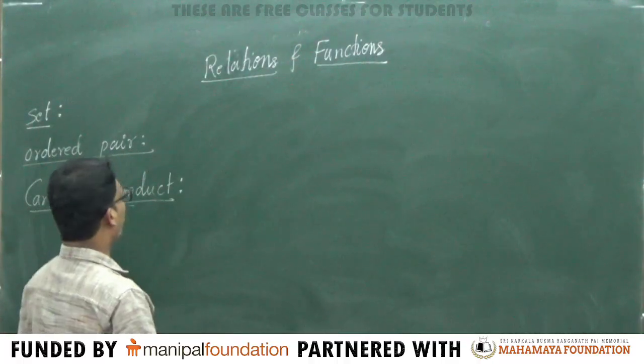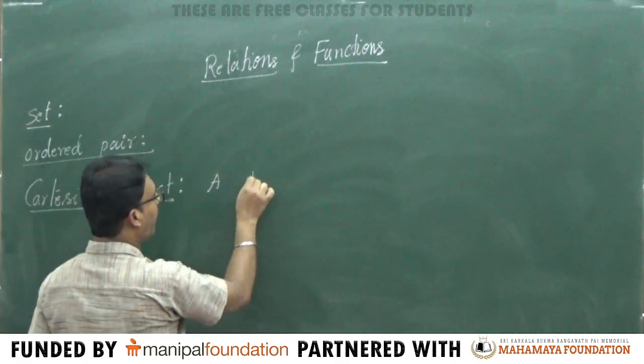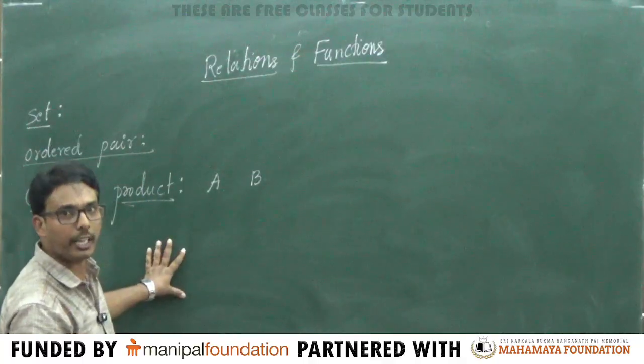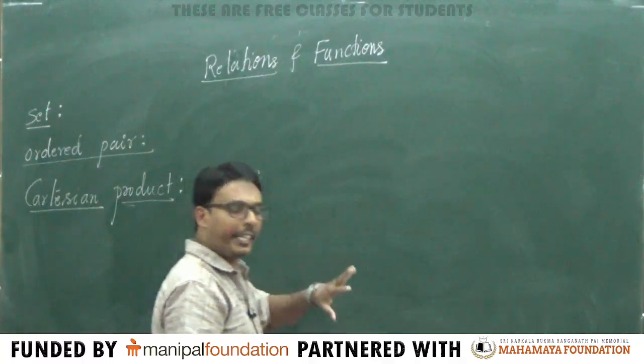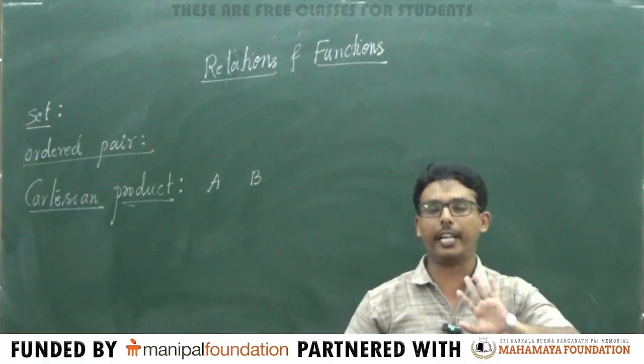Suppose we are given two sets, let us say A and B. Assume that both are non-empty sets, that means each set contains at least one element.